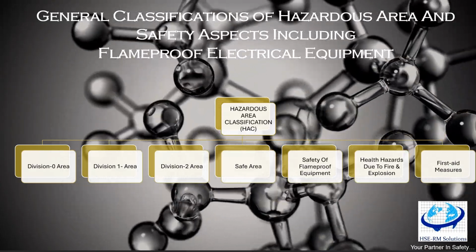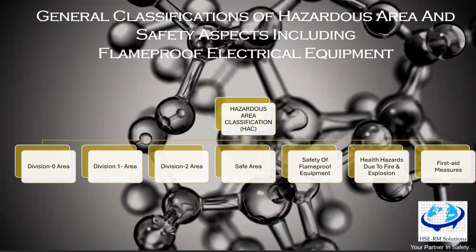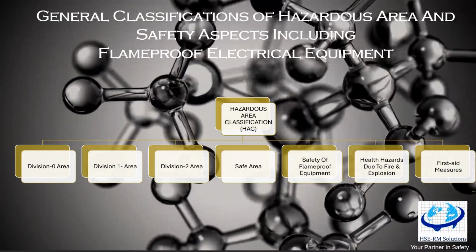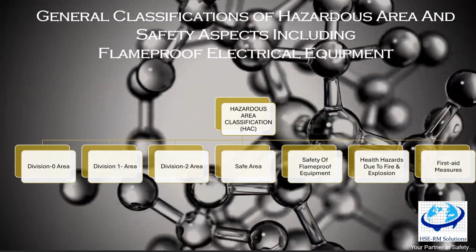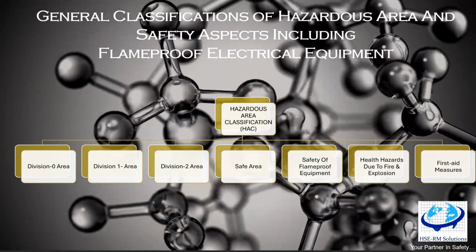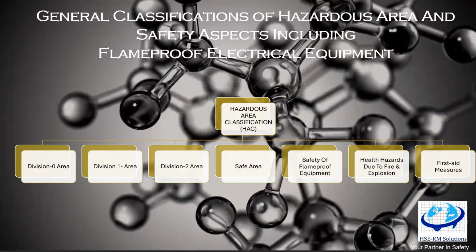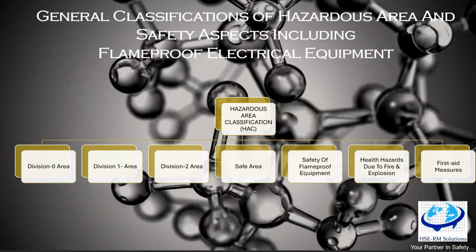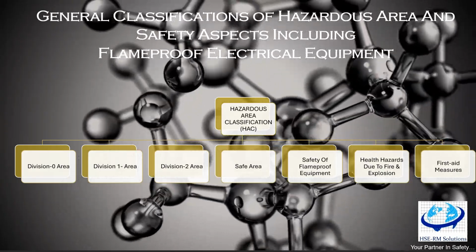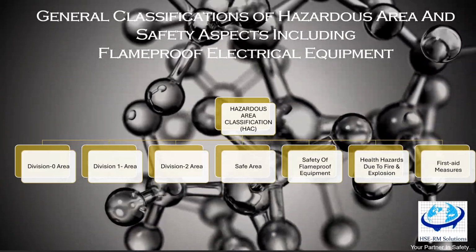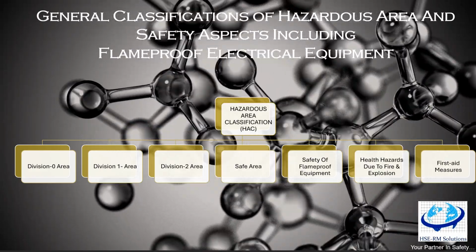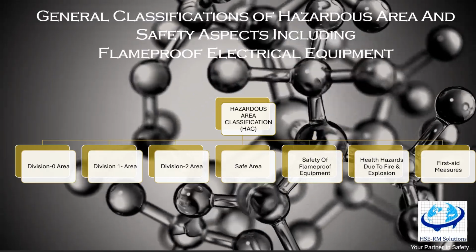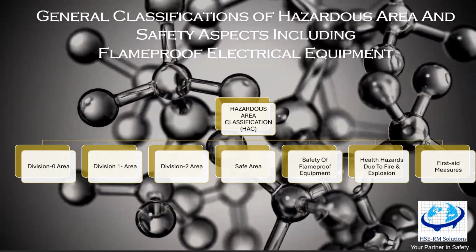Now, safety of a flame-proof equipment. Flame-proof apparatus is achieved by fitting the electrical equipment into an appropriate flame-proof enclosure designed in such a way that if a flammable vapor enters and is ignited by a spark, the flame and the products of the combustion are contained by the enclosure and do not ignite an external flammable atmosphere.